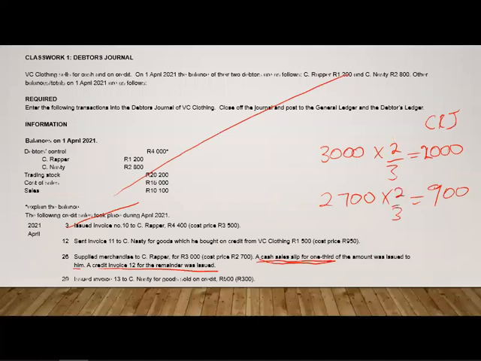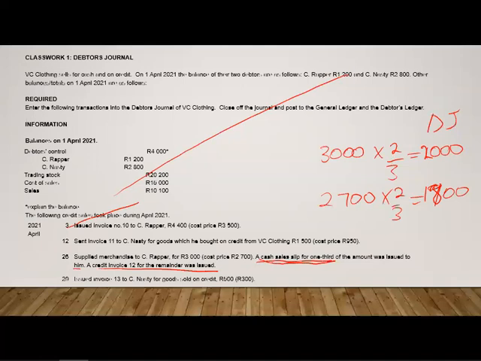It'll give us 1,800. This will now be recorded in the DJ, because this represents credit sales to C Repa.